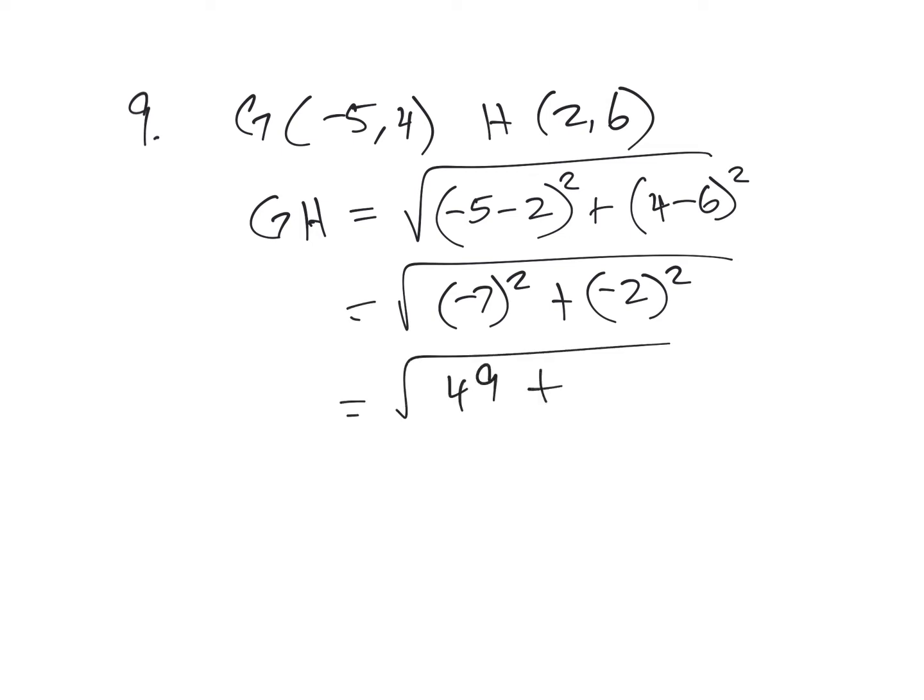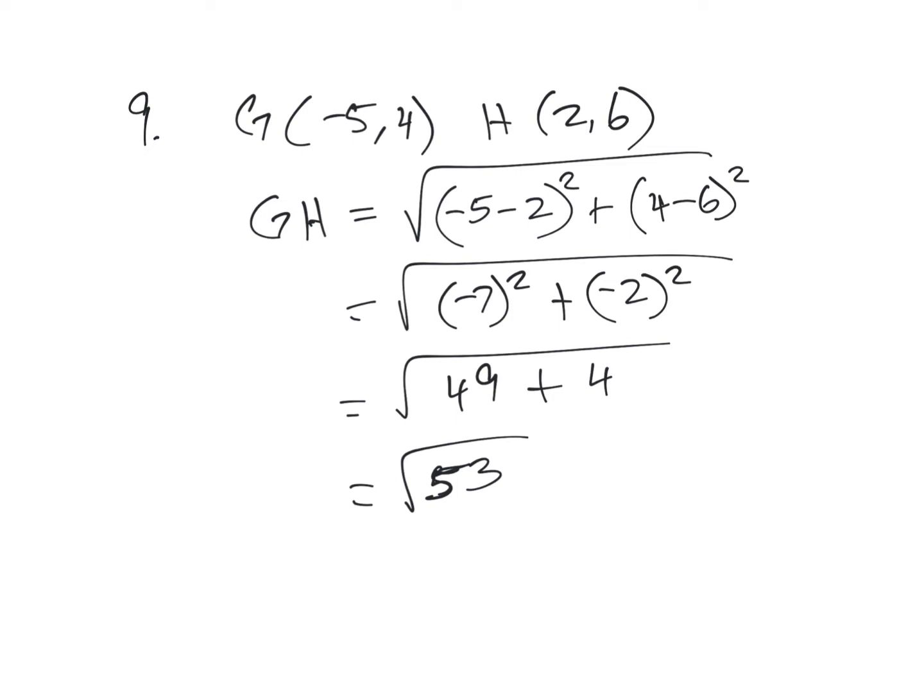Positive 49, positive 4, positive 53. And that is prime. You can't break that down any further. Question is, do you need to simplify? I want you to simplify. If you get this far, I will take that as the answer. Obviously, that is the answer.